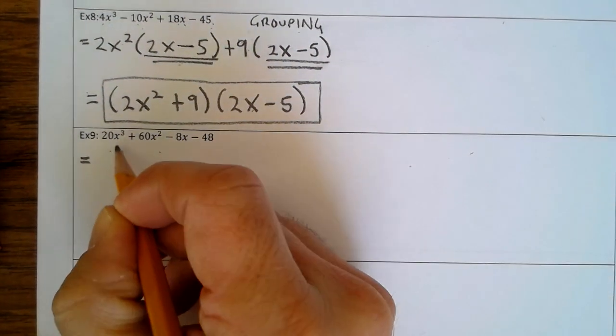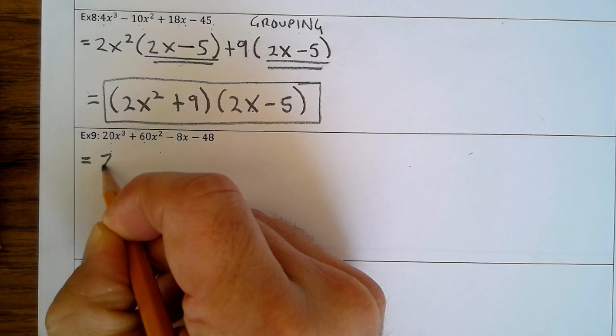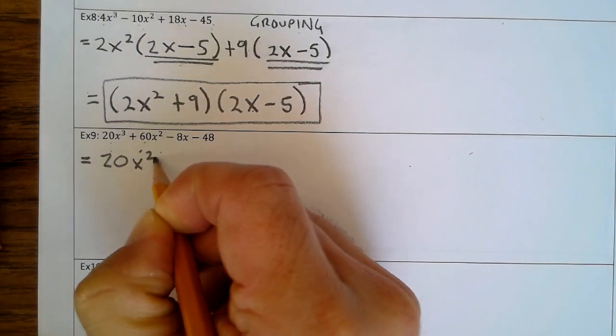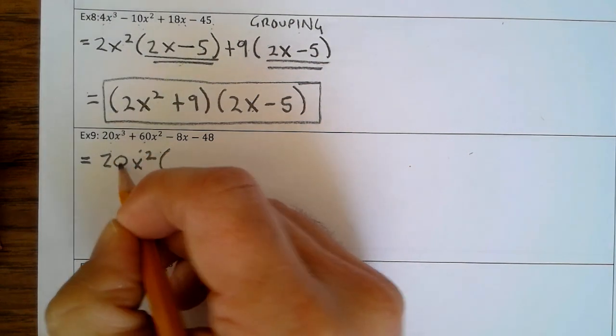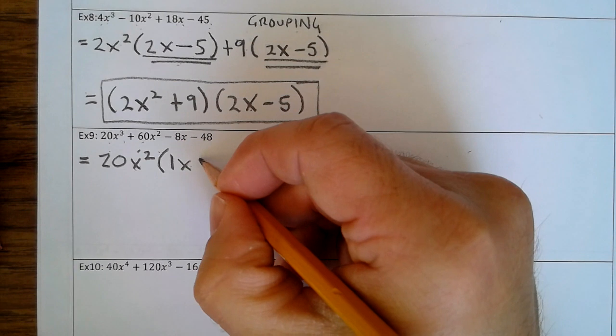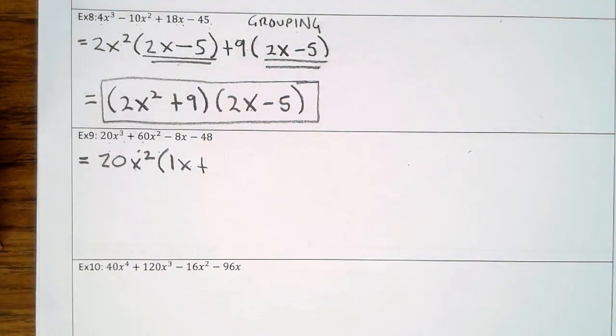Don't forget the x, because x times x squared is x cubed, plus sorry, printer broke. All right, plus 65 by 20 is 3.